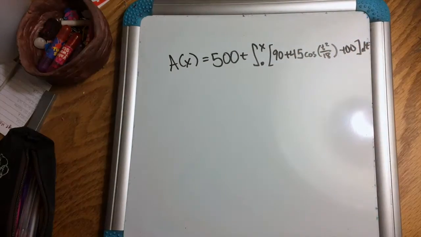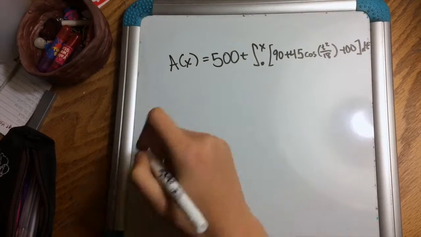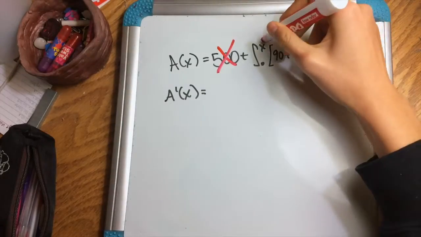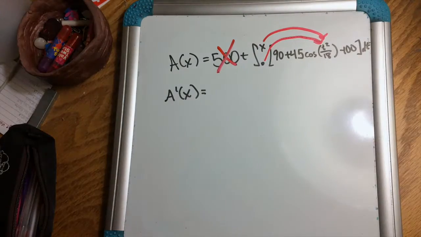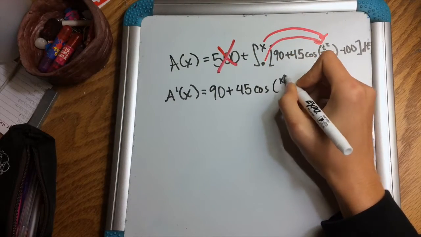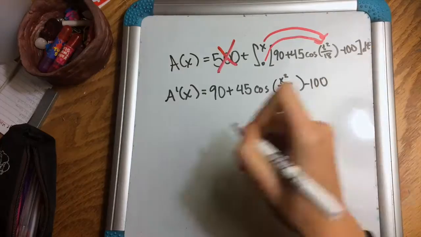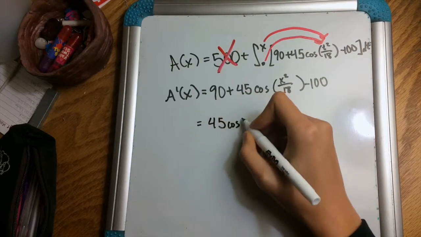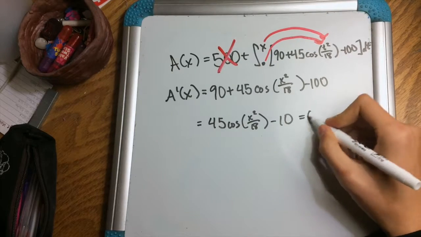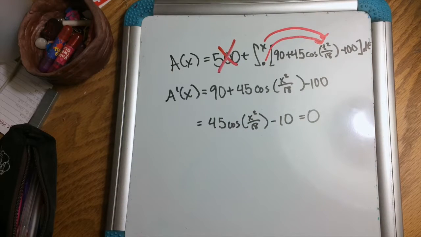To find the derivative of an integral, you basically just plug x into what the integrand originally was. So in this case, A prime of x would be equal to 90 plus 45 cosine of x squared over 18 minus 100. Simplify that and you get 45 cosine of x squared over 18 minus 10.